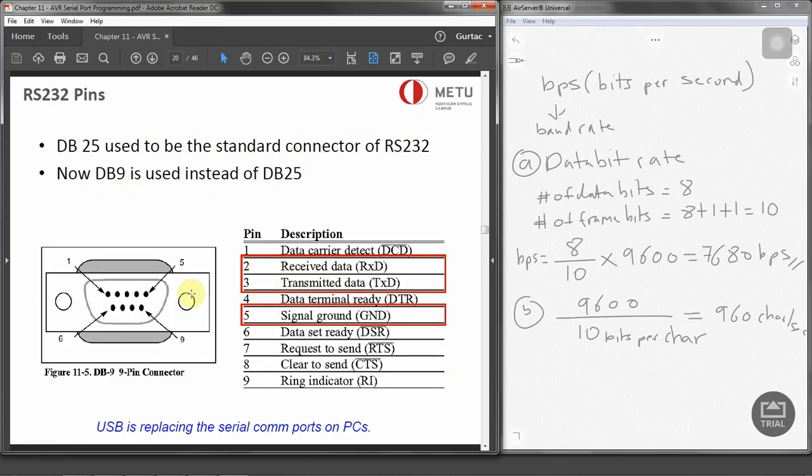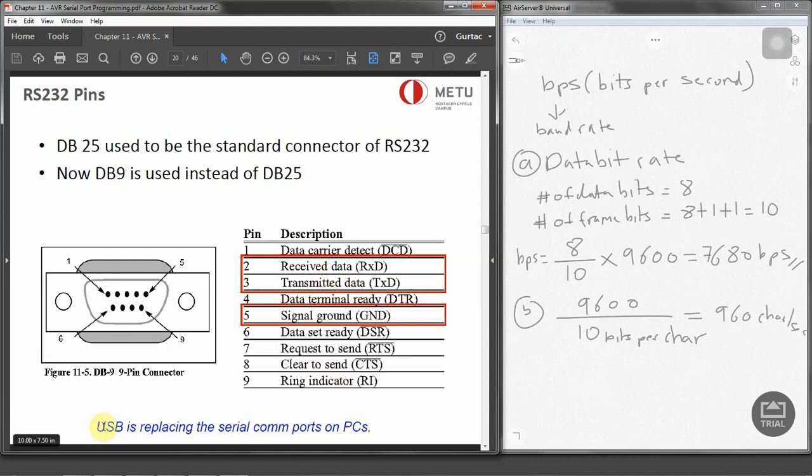Now this has been reduced to DB9, and most of the time these are the 3 pins that we are interested in to connect things together: receive data, RXD, transmit data, TXD, and the signal ground, GND. The rest can be used, but most of the time we are using these, and in this chapter we will concentrate on this.